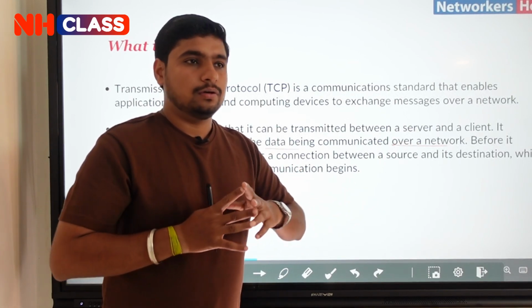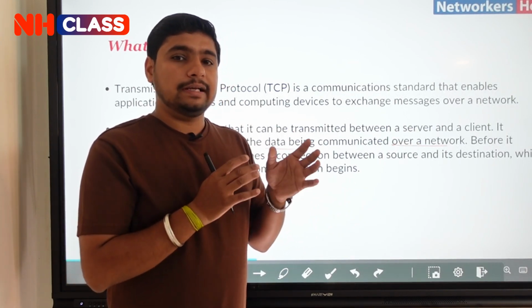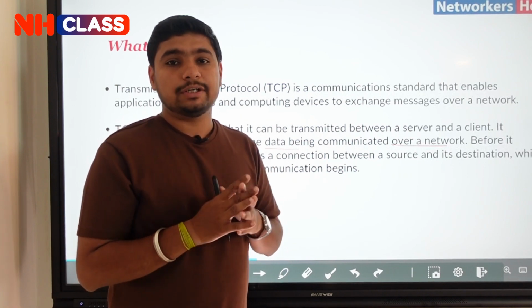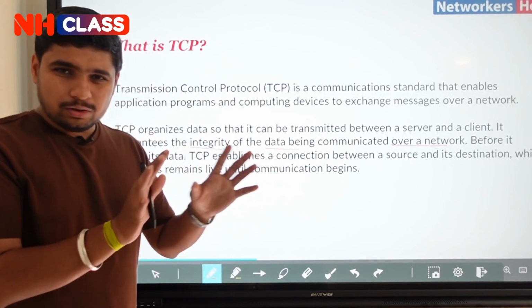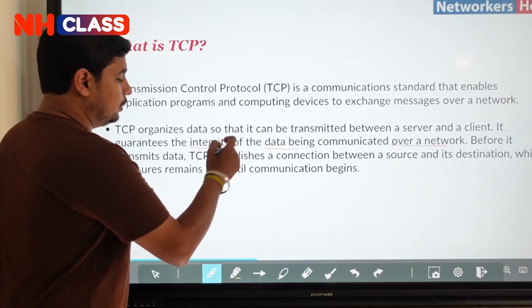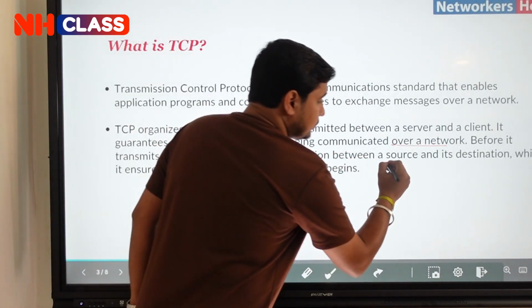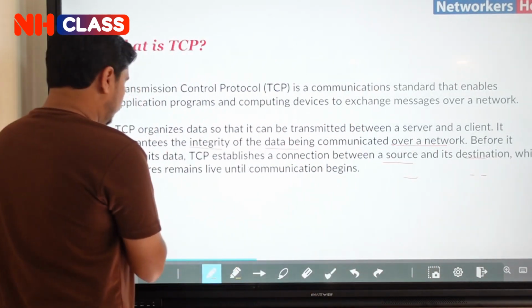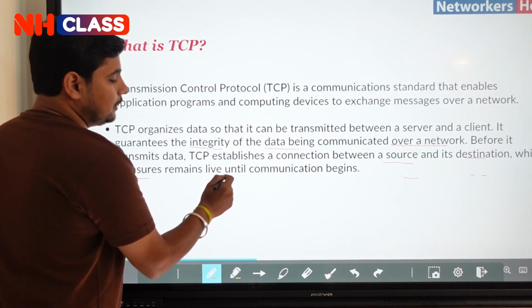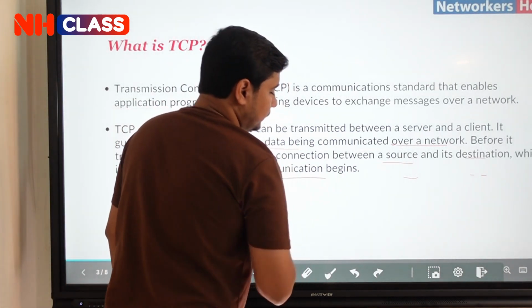Yes, correct, it's not only three, it uses four also, the four-way handshake process. So we'll talk about that. The TCP connection between source and destination remains live until communication ends.